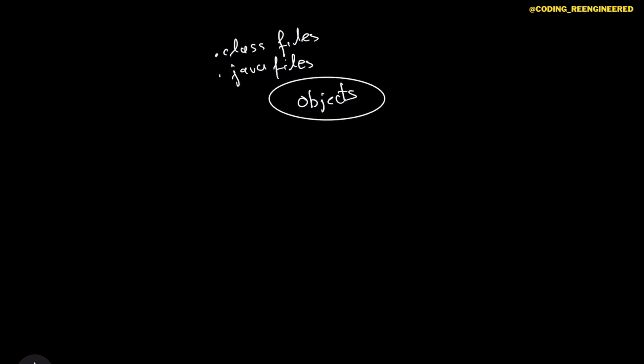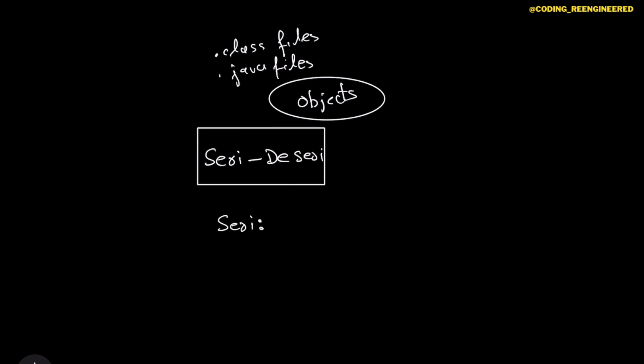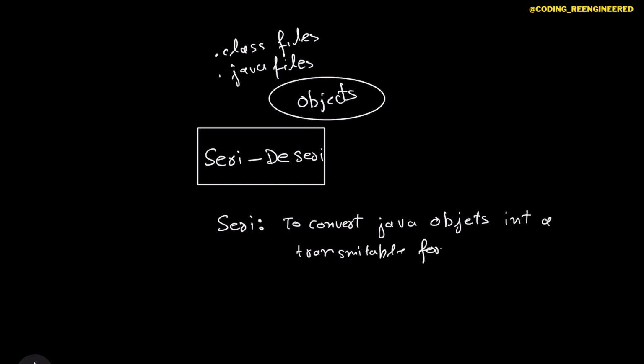So what is the way that enables these objects to be sent over? There is a term known as serialization and deserialization. I guess most of you must have heard this. Serialization is a mechanism of converting Java objects into a transmittable format, maybe.